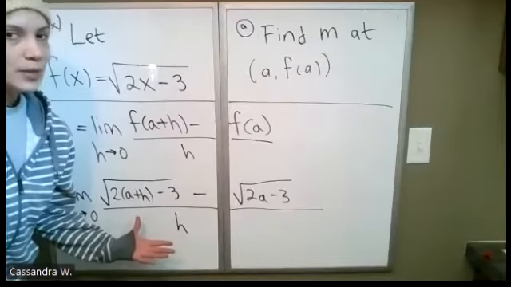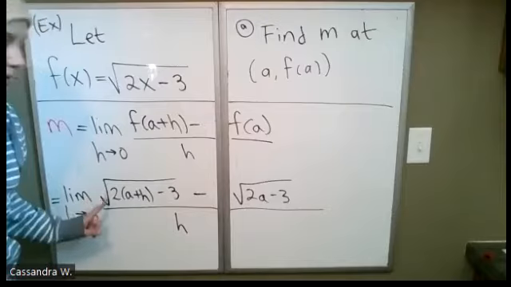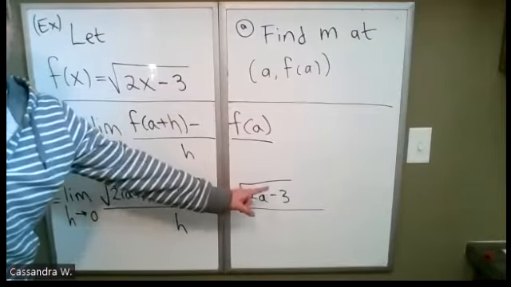Okay, we're going to need to multiply by the conjugate of the numerator, which is going to be the root of 2 times a plus h minus 3 plus the root of 2a minus 3.